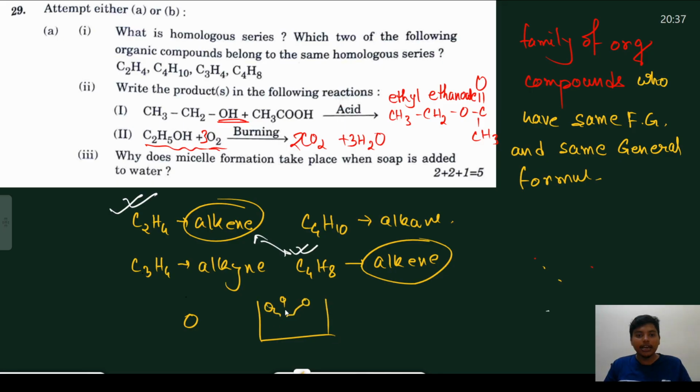Let's suppose this is water. The heads are hydrophilic, and all the hydrophobic tails come together on one side, and that formation is known as a micelle. The water-loving hydrophilic heads go towards water, and the hydrophobic tails go towards dirt. That is the reason it forms a micelle.